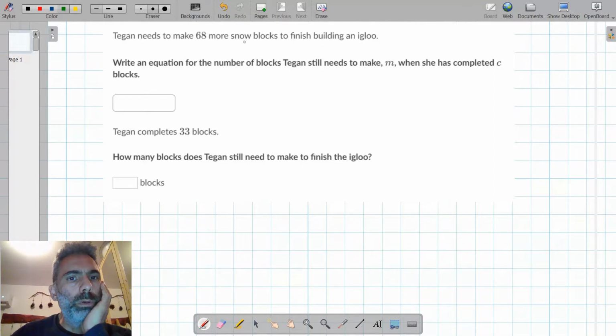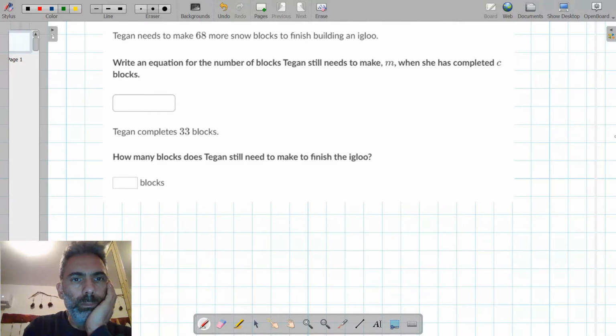Tegan needs to make 68 more snow blocks to finish building an igloo. Write an equation for the number of blocks Tegan still needs to make, n, when she has completed C blocks.